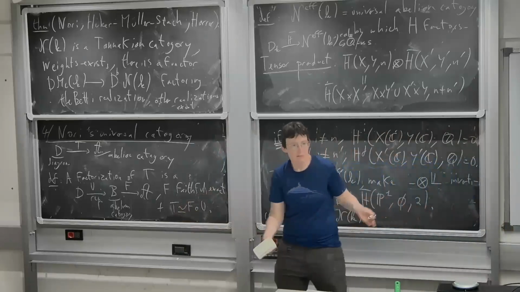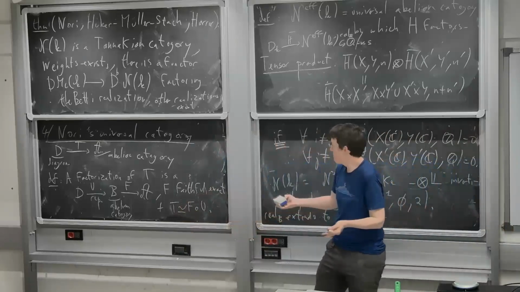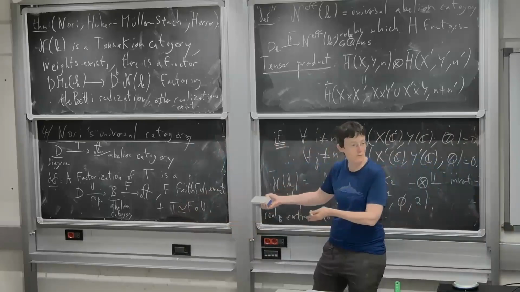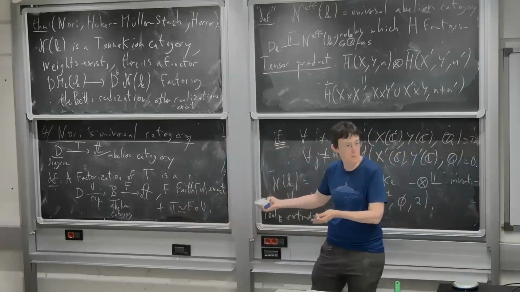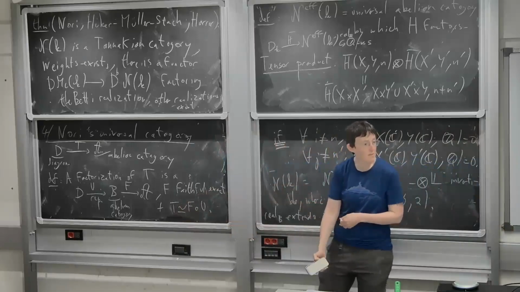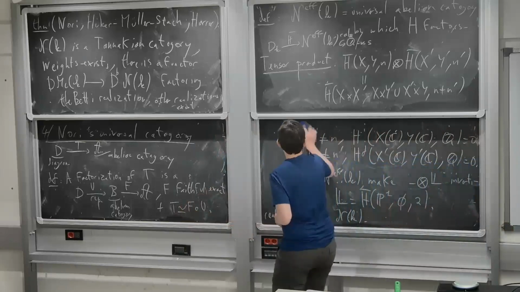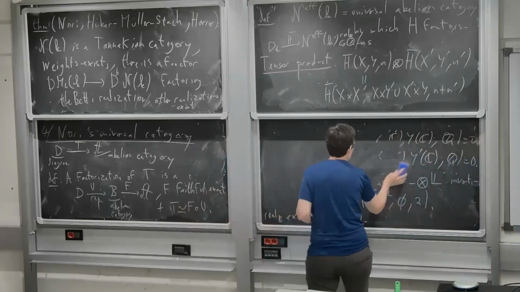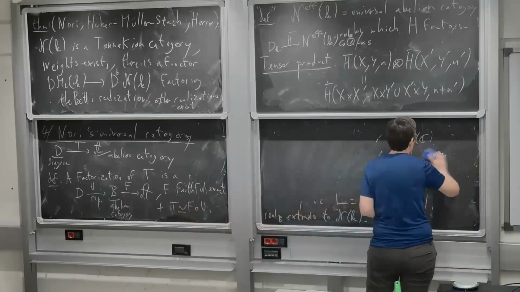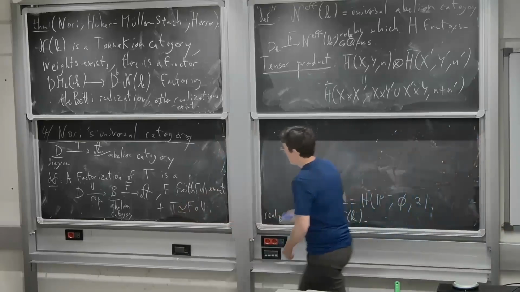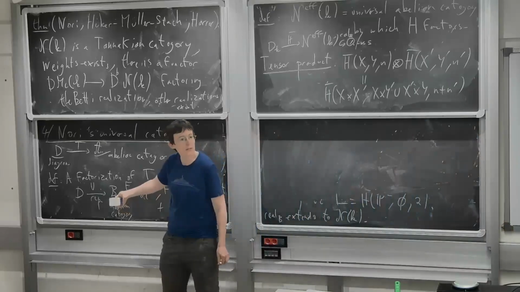So, but yeah, morally, a factorization of T is just a factorization through an abelian subcategory of A. Okay, and maybe while I erase, I can tell you, these factorizations form a category, right?